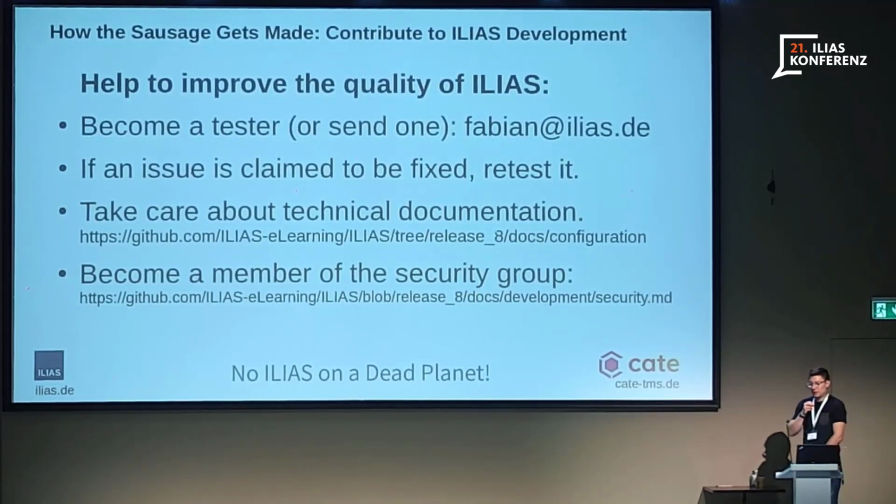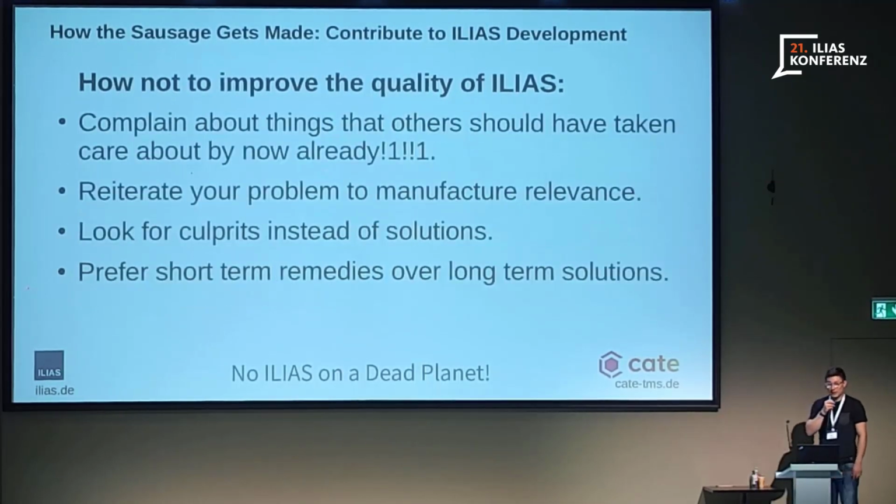So there are things that some people do, and I think they think that these things improve quality of ILIAS, but I don't think that's the case, and I want to quickly say that there are some ways that don't improve the quality of ILIAS in general.